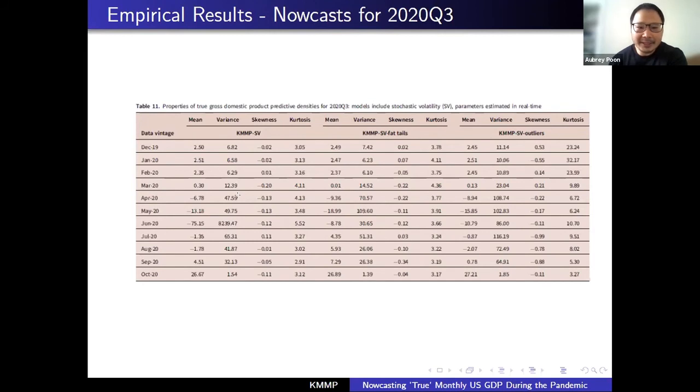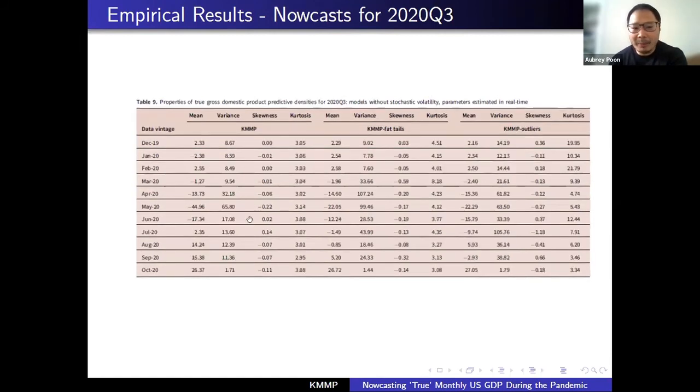Okay, but a common theme with these nowcasts that we can draw out is that our original KMMP model, where we just have homoscedastic errors, actually does relatively well.